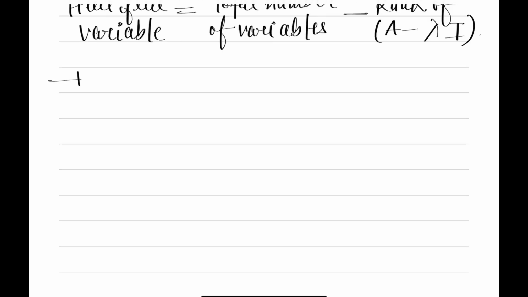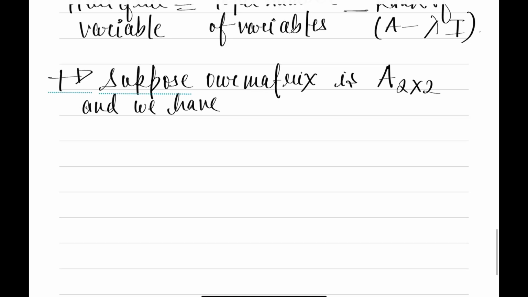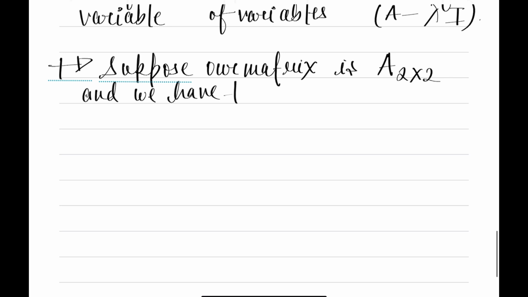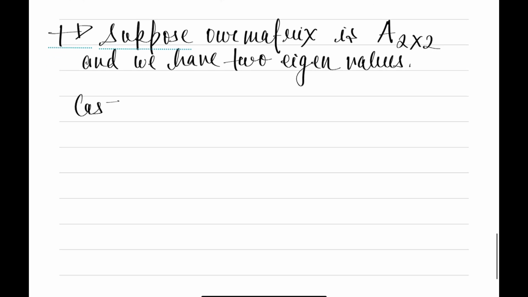Let us take two cases. Suppose our matrix is A, which is a 2x2 matrix, and we have two eigenvalues. Then let us take case 1.